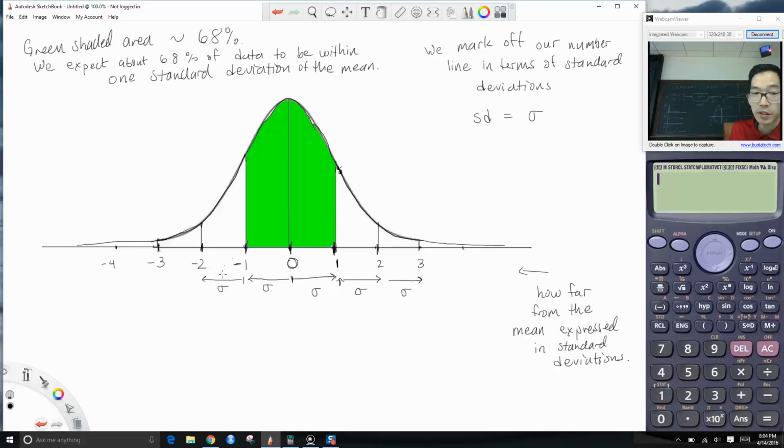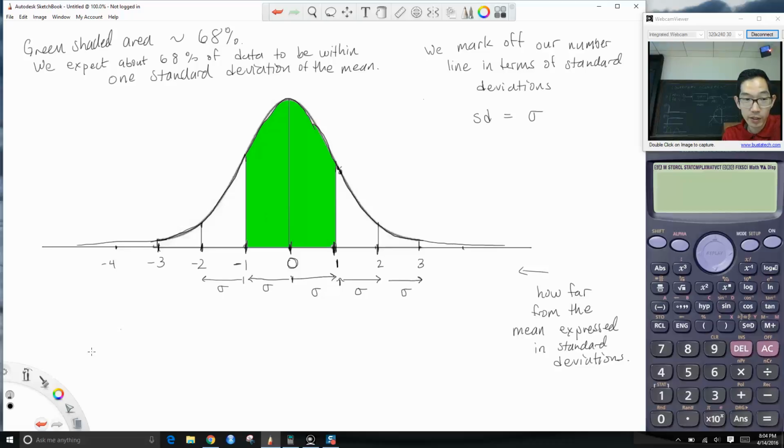If I have the mean right here at 0 and I go up 1 standard deviation and down 1 standard deviation, the total shaded area there is about 68%. So this represents about 2/3 of the total area in the normal distribution.